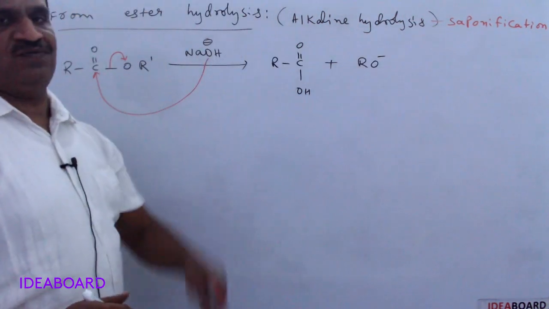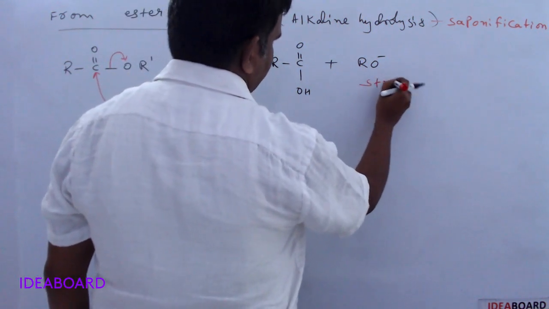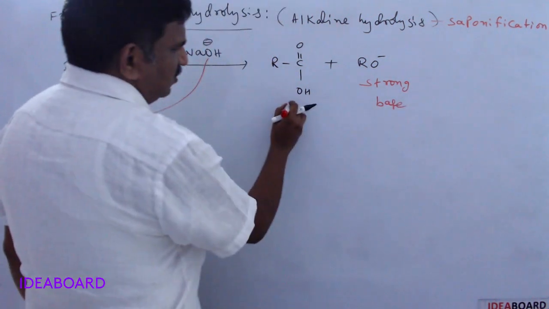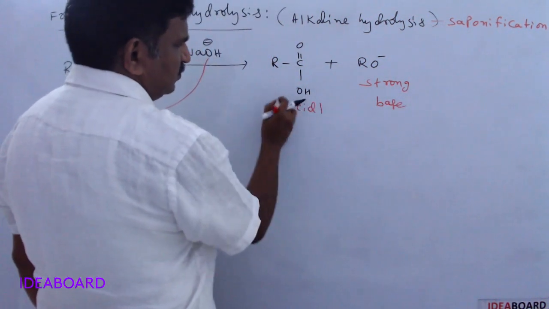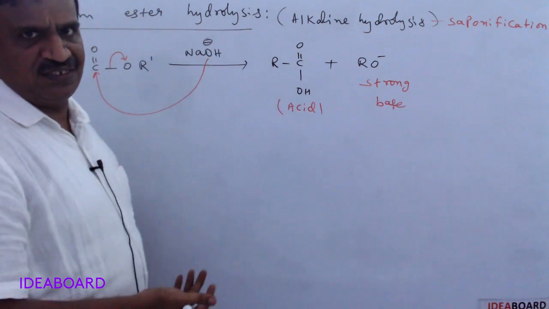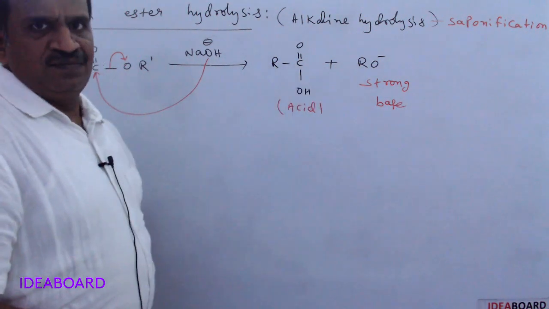Means alkoxide is formed. Actually, alkoxide is a strong base. And what is formed here is called an acid, RCOOH, carboxylic acid. What acids can do? They can donate a proton.